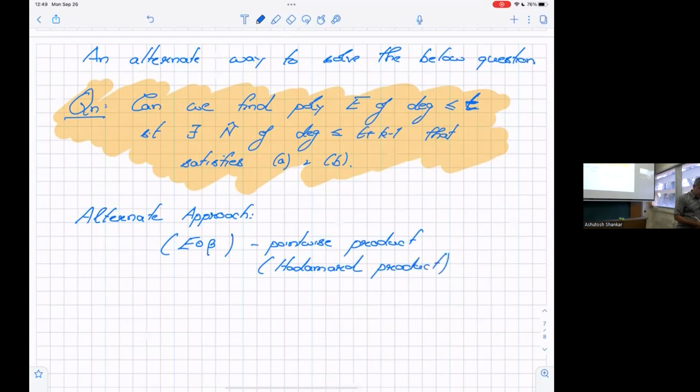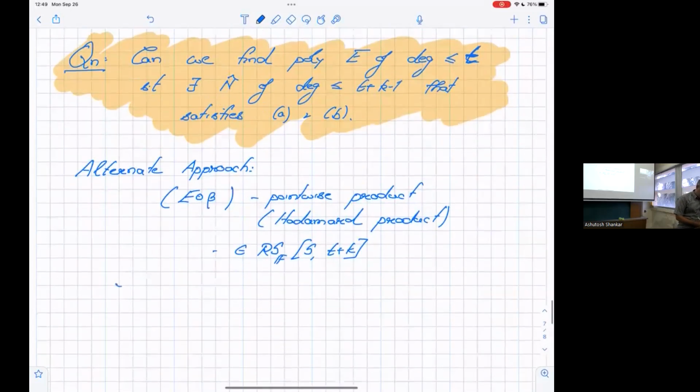I want to say this is a member of the RS code. What was the degree parameter? t plus k minus 1 was the degree. This is what we need to show.